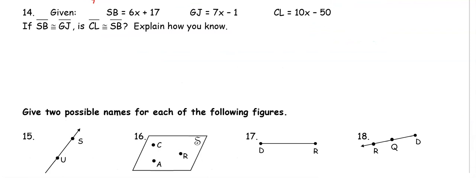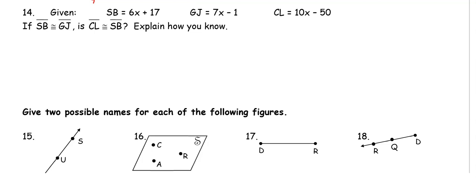In 14, given that SB is 6x plus 17, GJ is 7x minus 1, and CL is 10x minus 50, if SB is congruent to GJ, is CL congruent to SB?